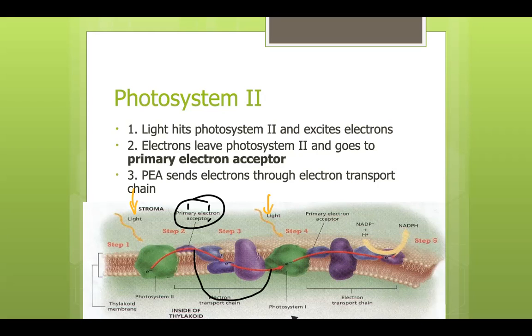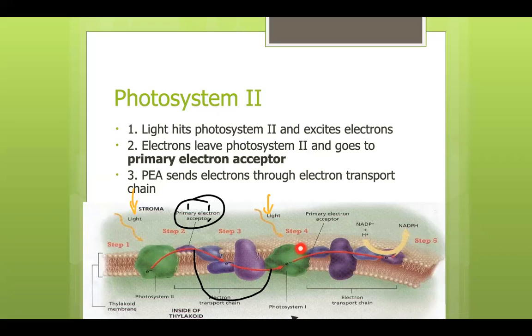Based on the diagram, you can see that if electrons leave photosystem 2, go to the primary electron acceptor, and go down the electron transport chain, eventually they're going to end up at photosystem 1. So this is one important thing to bookmark in your head or highlight in your book: if photosystems lose electrons and those electrons are not replaced, eventually the photosystems are not going to have any more electrons left.